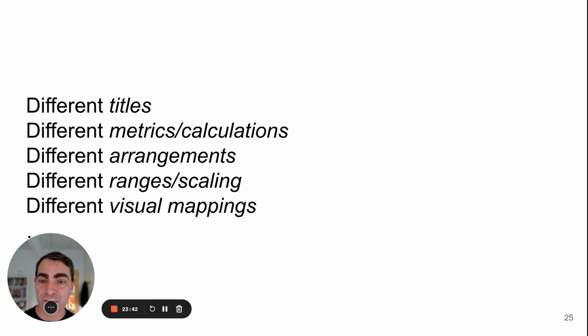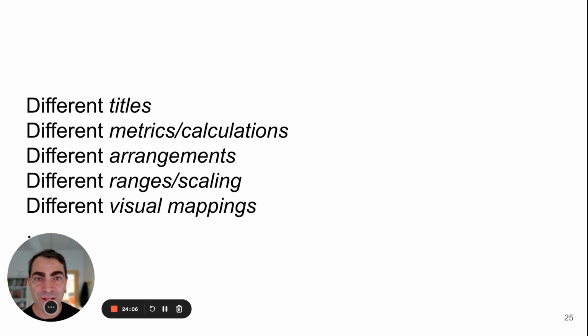Then we saw different arrangements. And then we saw different ranges and scaling. And then we saw different visual mapping strategies. So these are many different ways. And the outcome is the fact that you may extract completely different messages from the same information.